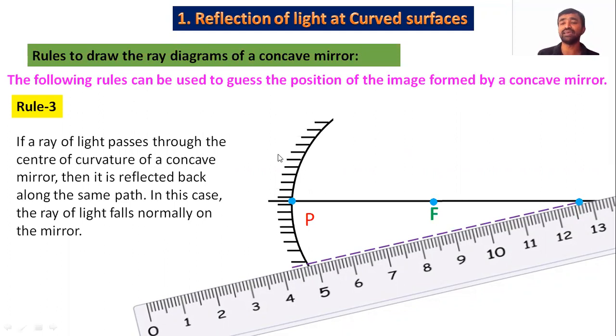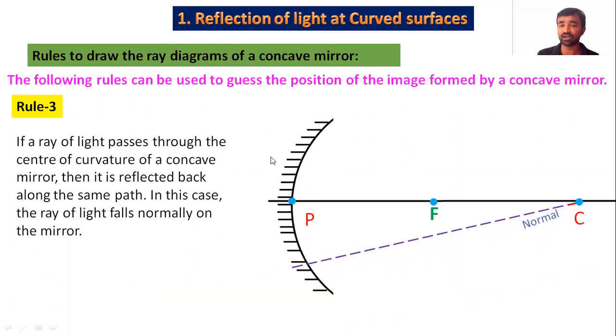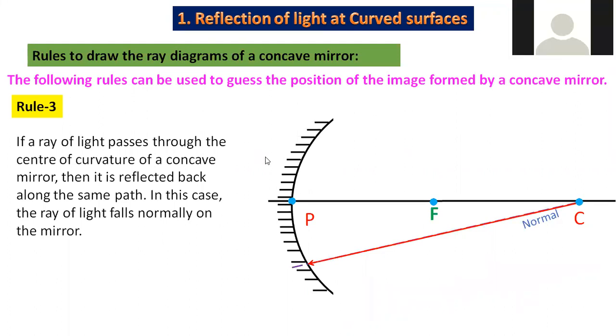Now I am drawing a ray that passes along the normal. Can you see that? Answer me. Can you see the light ray? How is it incident on the mirror? Answer me, anyone. How is the light ray going to be incident on the concave mirror? In the path of the normal.